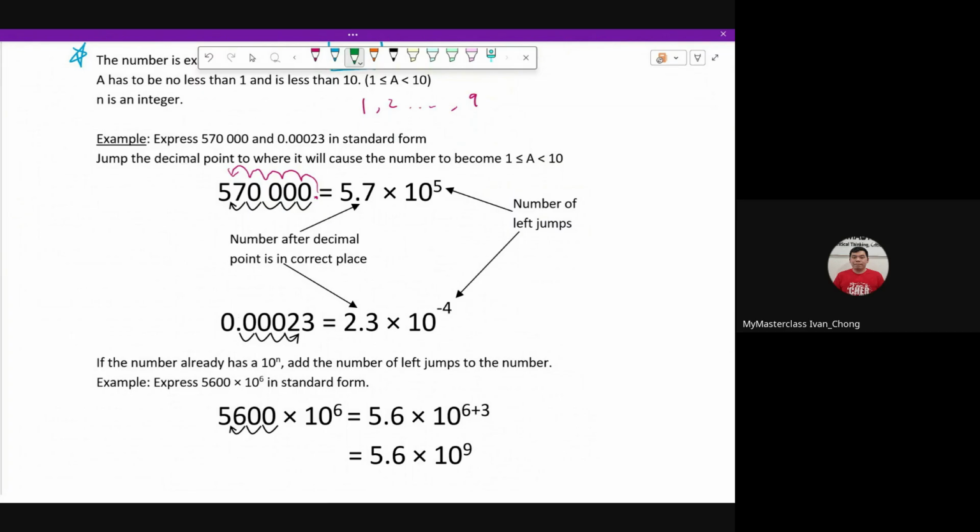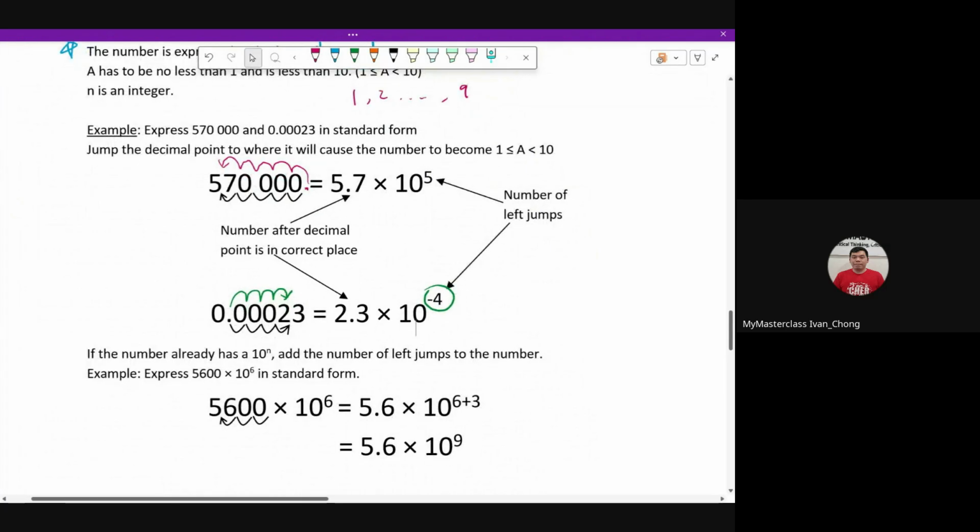Because on the left-hand side, this is 0, it's not a non-zero digit. So we have to move to the right-hand side. 1, 2, 3, 4. Now, because we move to the right, we actually have -4. Okay? So just take note, if you move to the left, it's a positive number. If you move to the right, it's a negative number over here. So you end up with 2.3 times 10 to the power -4.